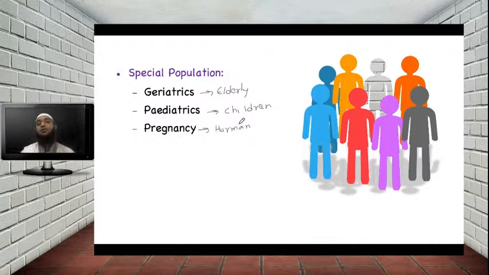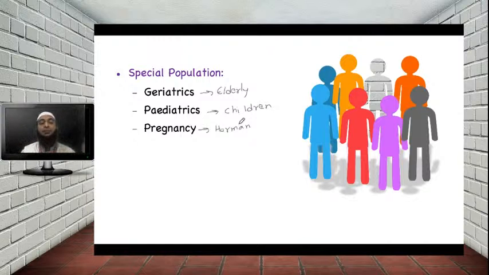Likewise, in the case of a pregnant woman, it is better to consult a gynecologist, who takes care of pregnant women. Gynecologists are experts in the physiology of the pregnant woman, so they can prescribe the medicine best suited for that particular pregnant woman. These are the different special populations.